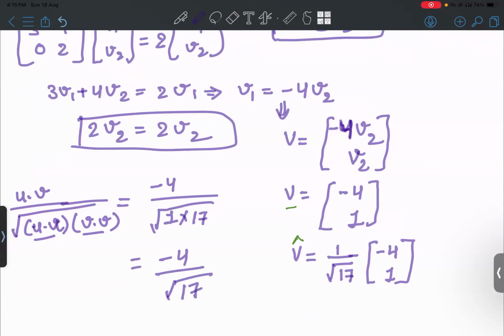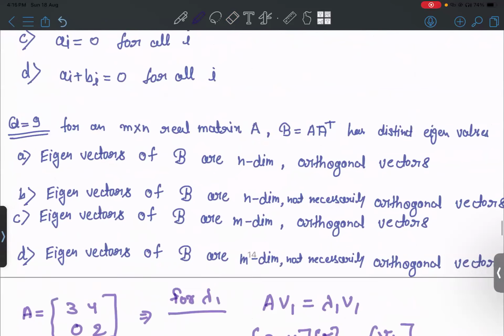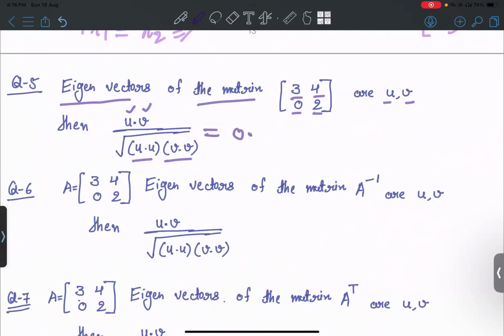This will lead to some value. What will be the value? It will be equal to 0.97.